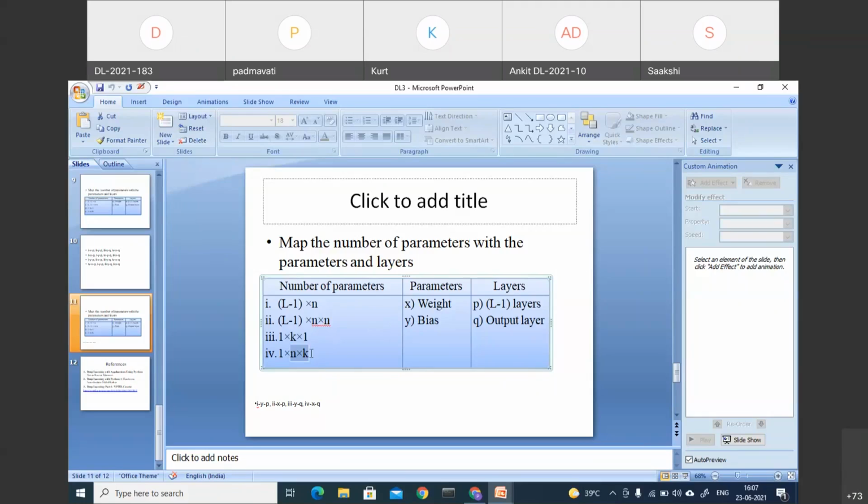That is only possible when we have an n cross k matrix. So that will not be mapped with bias, it will definitely be mapped with weight. And we are relating this to the last layer, hence it will be the output layer only. I hope this time your doubt is clear. Got it, ma'am. Thank you.